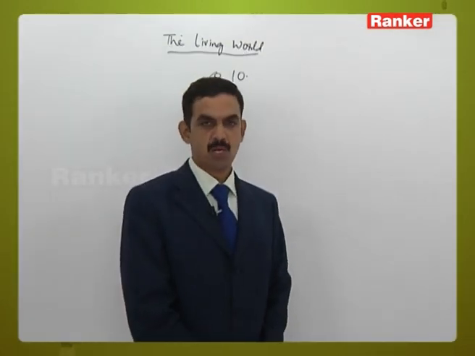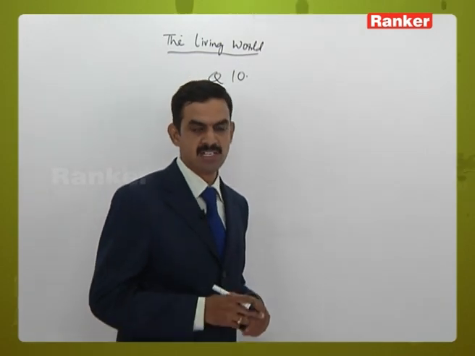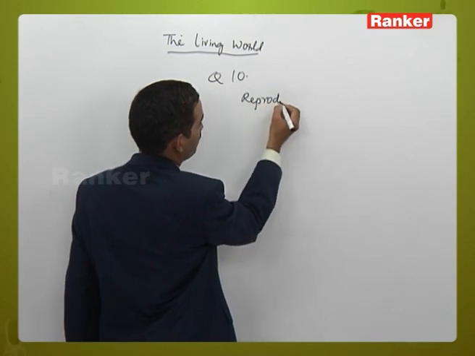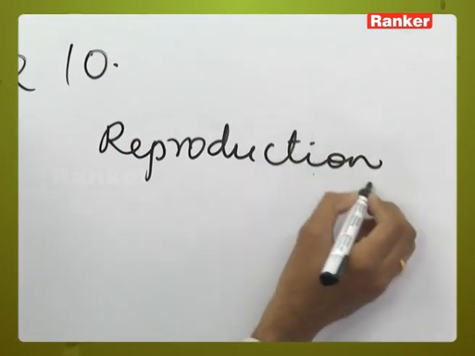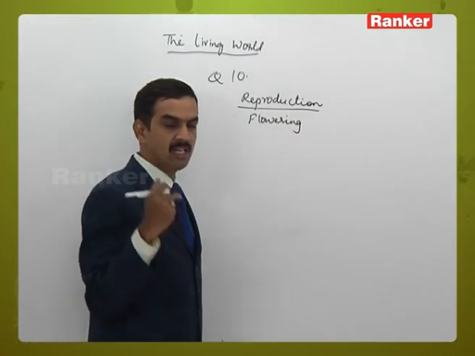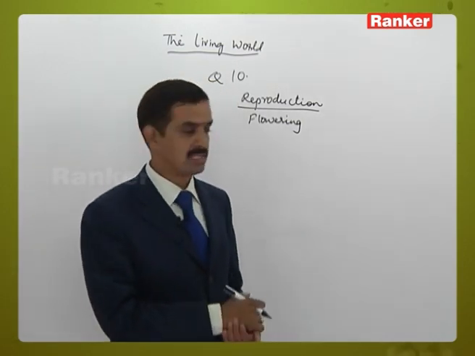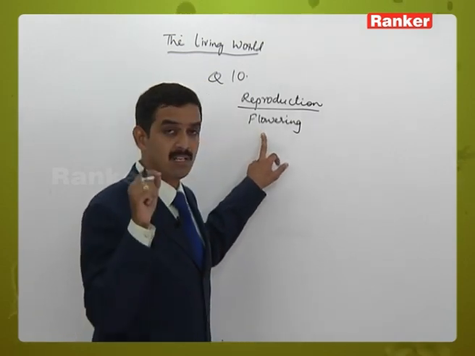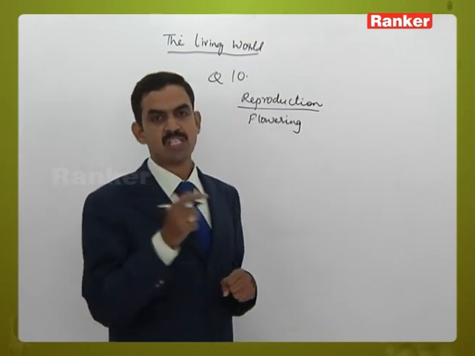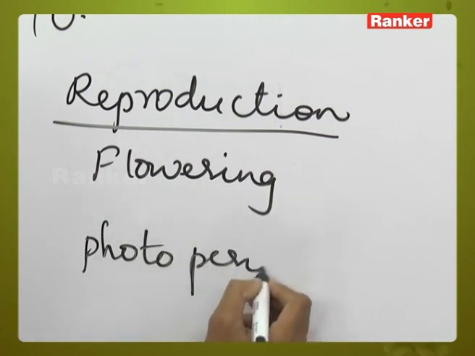Here, the reproduction process includes flowering, because when the flowers are formed, only then can the plants participate in the reproduction process. The flowering process depends upon the duration of day length and the duration of night length. That is what we call a photoperiod.